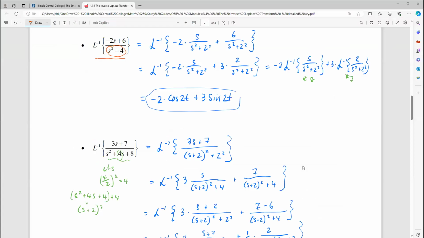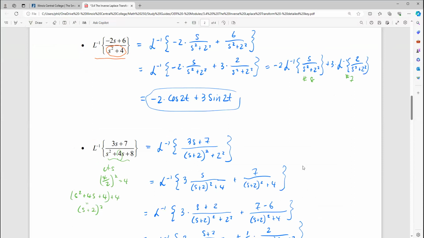So I need to, again, rearrange this a little bit to make this work out. I need to break this up into 2 terms: negative 2s over s squared plus 2 squared, and 6 over s squared plus 2 squared.